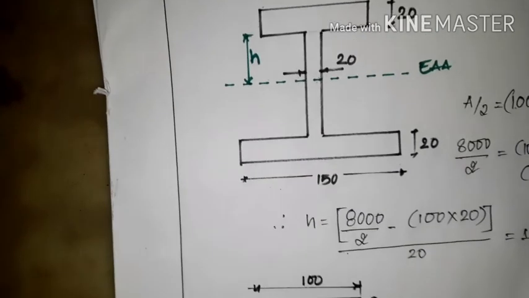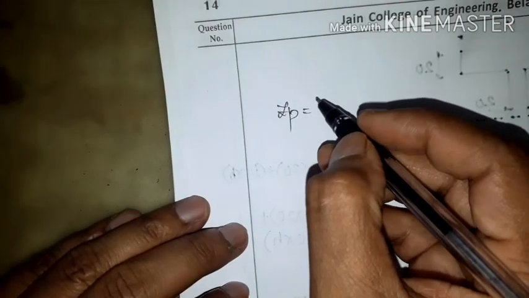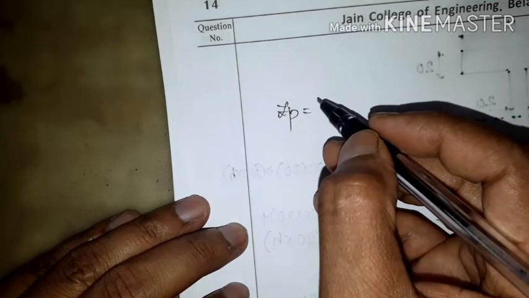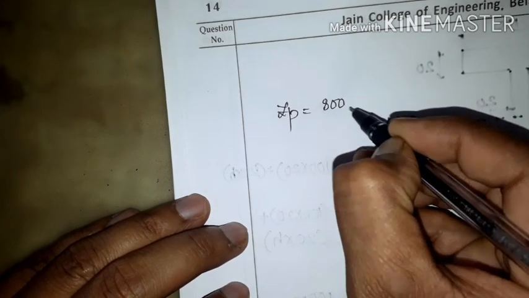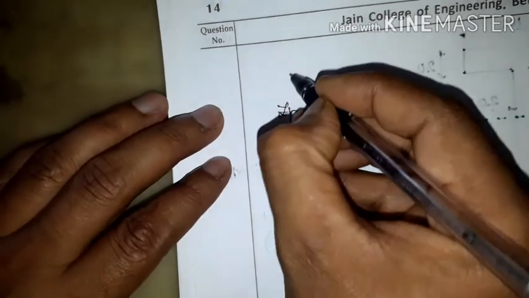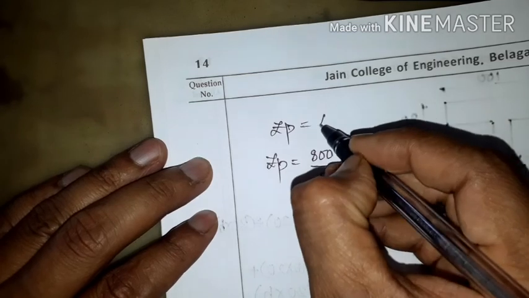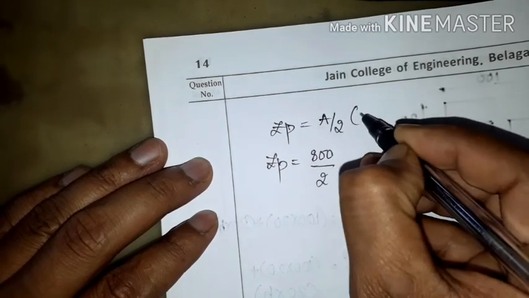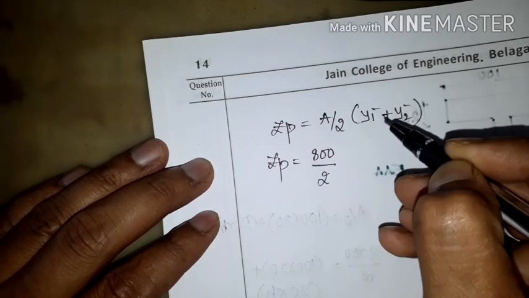So therefore ZP is equal to A by 2 into y1 bar plus y2 bar.